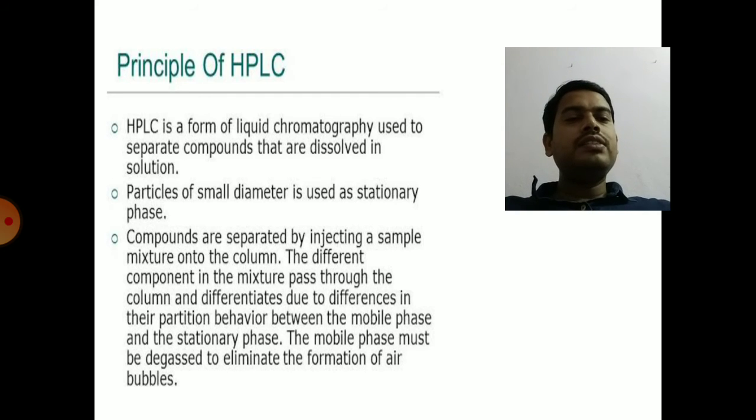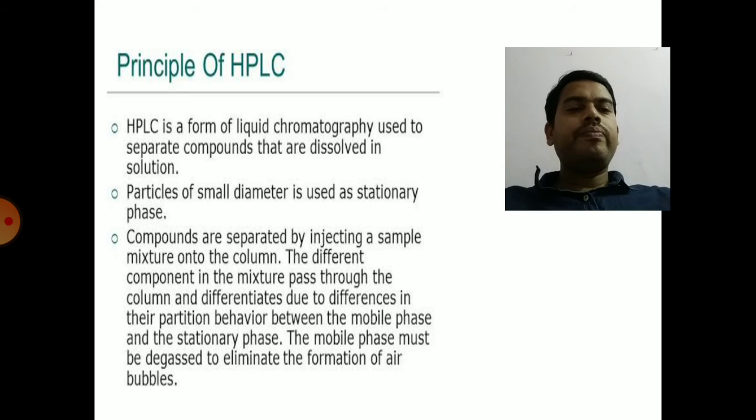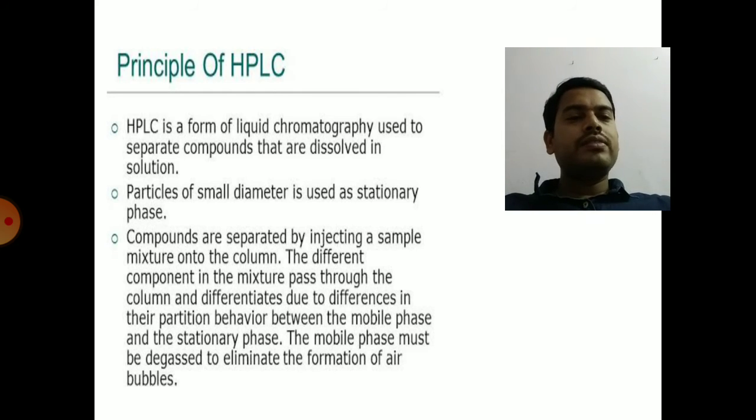For accurate results, we increase the length of the column. If you increase the length of the column and use some pressure, the retention time can be decreased because of the pressure, and due to the length of the column, you can separate the solute particles accurately.